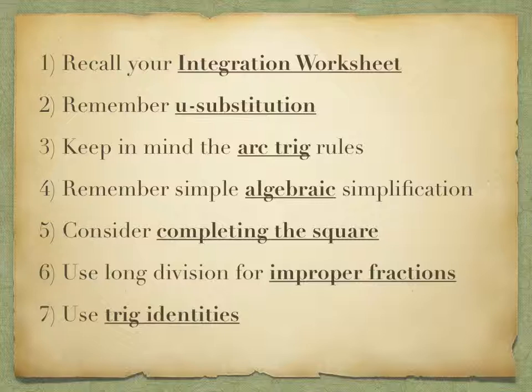That might be a useful feature. So remembering some simple algebra things where you can separate fractions. You can separate radicals sometimes as well. For instance, if you had the square root of 52x, you can write that as the square root of 52 times the square root of x if that were helpful. You can't do that with addition underneath the radical, but you could do it with multiplication or division. That kind of stuff is the algebraic simplification.